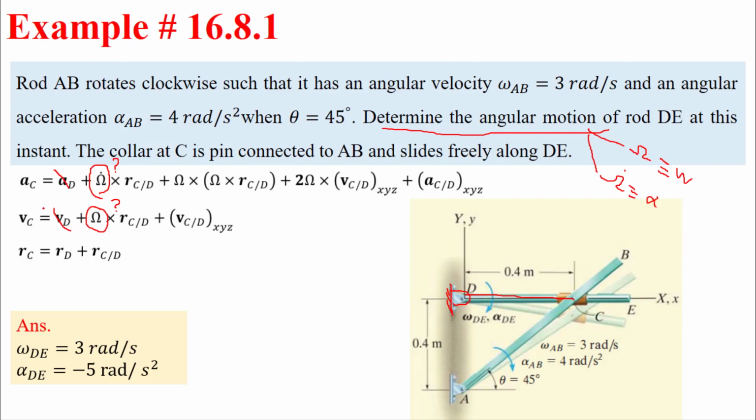Now point C on the slider has acceleration and velocity. So we have another unknown here. This is again unknown. So how many unknowns? 4. Another thing here, we have nothing about this one, so this is unknown. And this one again is unknown.